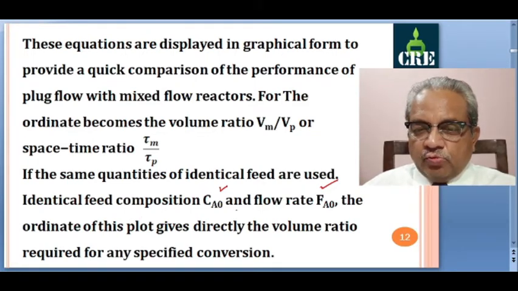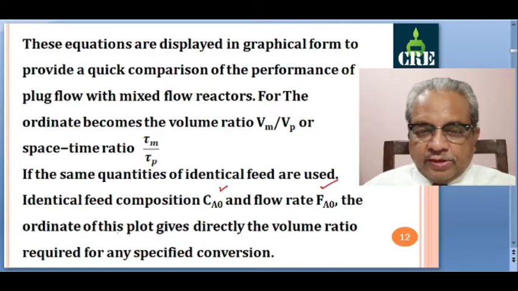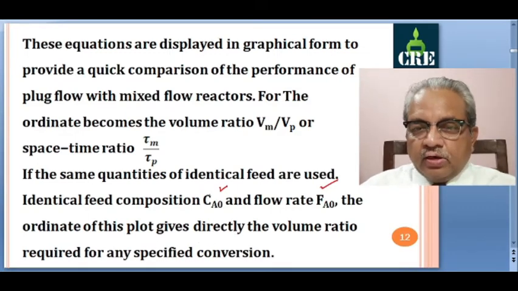V is the volumetric flow rate, which you can find out from C_A0 and F_A0. So the ordinate of this plot gives directly the volume ratio required for any specified conversion.